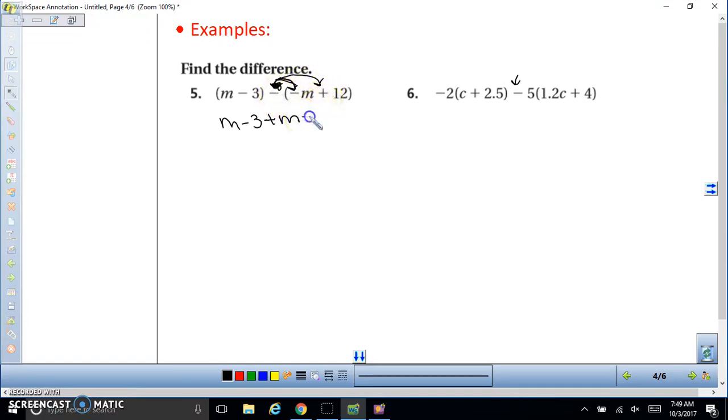Negative times positive is negative. And now those parentheses don't mean anything. Okay, identify our like terms. m plus m, positive m plus positive m is 2m. Minus 3 minus 12 is negative 15. And we combine it. Not looking for a number answer, remember, just looking for them simplified.